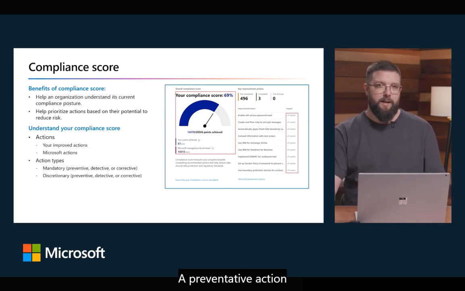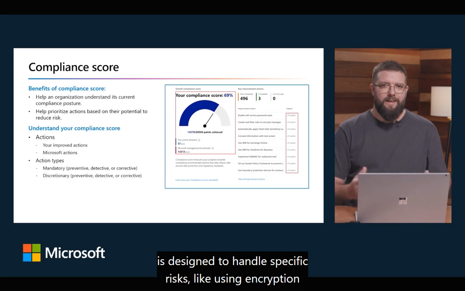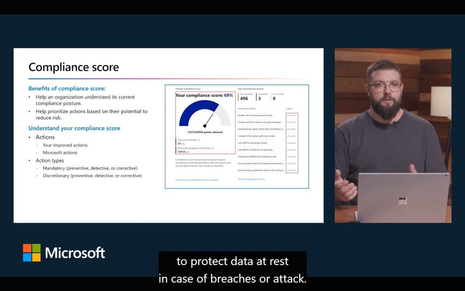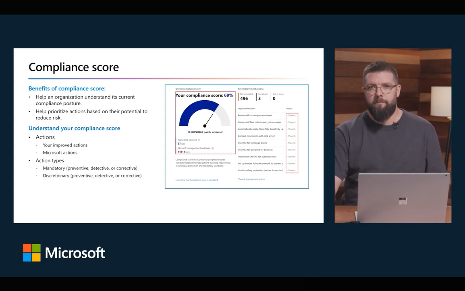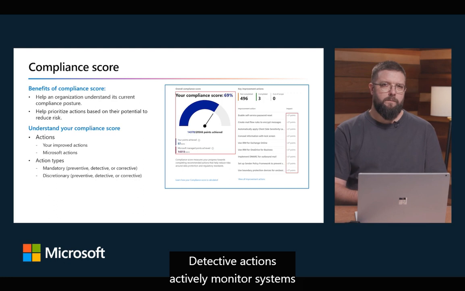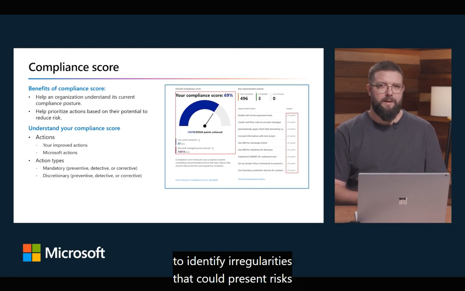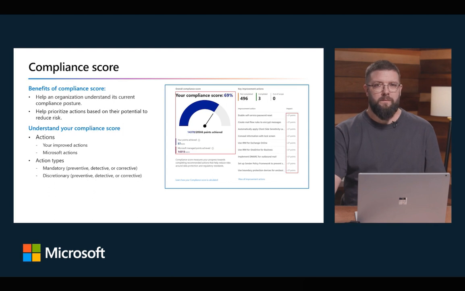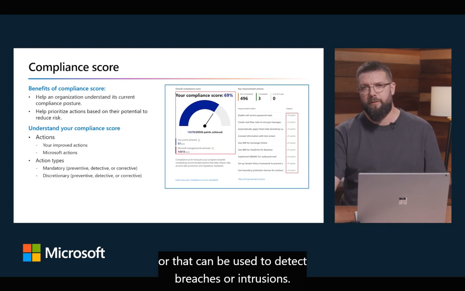So a preventative action is designed to handle specific risks like using encryption to protect data at rest in case of breaches or attack. Detective actions actively monitor systems to identify irregularities that could present risks or that can be used to detect breaches or intrusions.